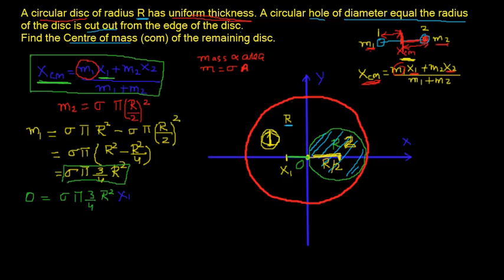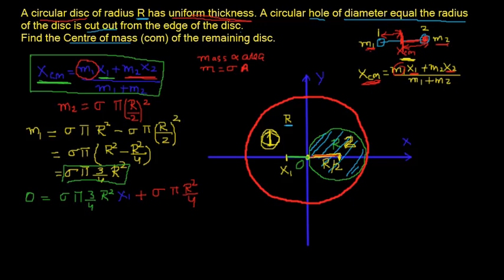Then next is our m2 times x2. What is m2? M2 is sigma pi r square by 4, right? And what is x2?